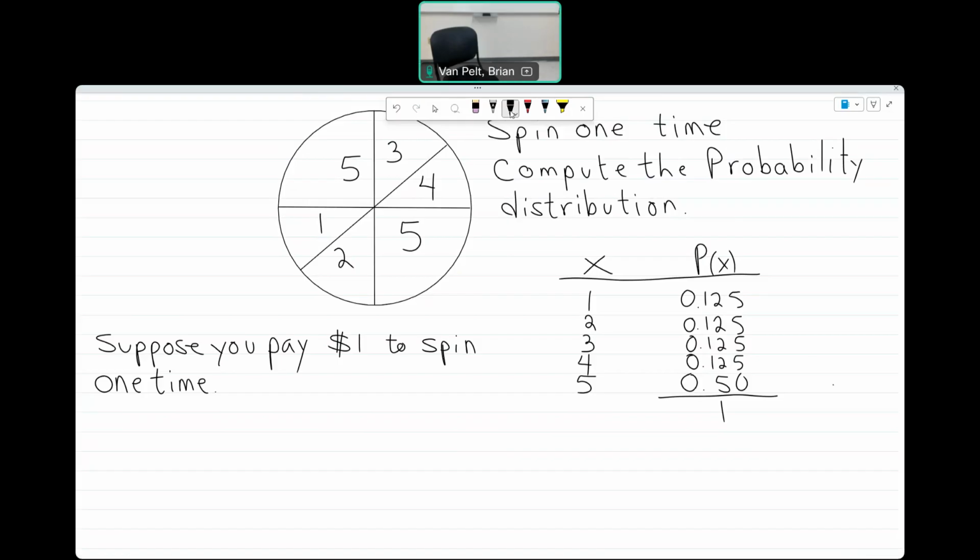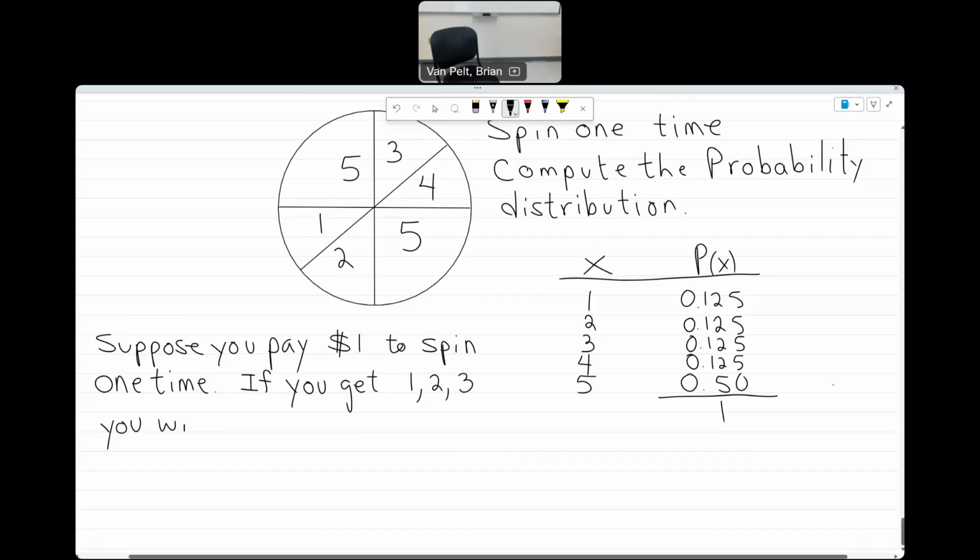If you get a 1, yeah, I'm gonna change this. We're gonna deal with adjustments.